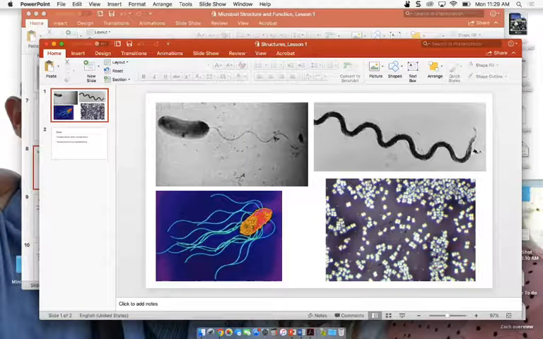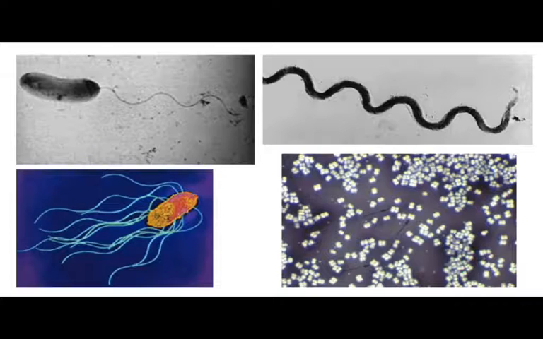Here are 4 images of different bacteria. What I would like you to do is describe for me not only the morphology you observe, but also what is the name of the flagellar structure. Now, the one you will not be able to give a flagellar structure for is this one right here.